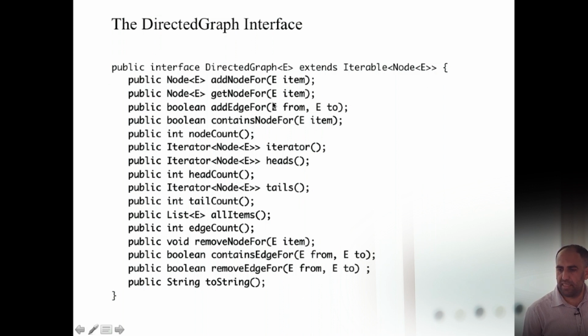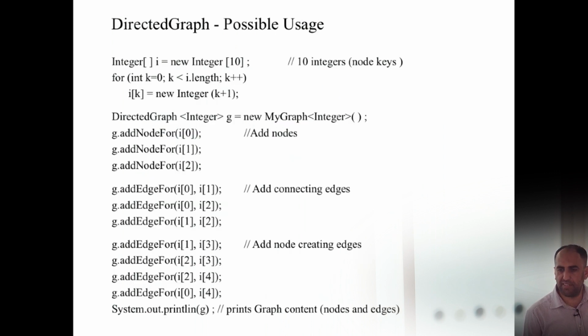You can use the method get node to get a node for the item that you pass. Add edge, I already talked about that. Contains checks whether this node exists in your graph or not. Node count should return the total number of nodes. The methods are quite self-descriptive, but you can use the Java docs to find more details.